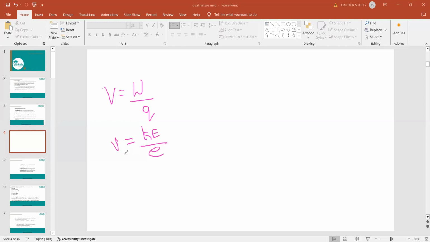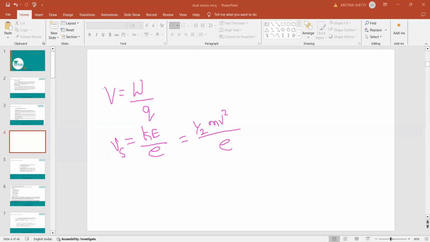So here it is the stopping potential, Vs. Therefore Vs is equal to kinetic energy divided by e, or we can also write it as half m v square divided by e. Here e is the charge of the electron, m is the mass, v is the velocity with which the electron moves, and Vs is the stopping potential. So just to remember, Vs is equal to kinetic energy divided by the charge of the electron.